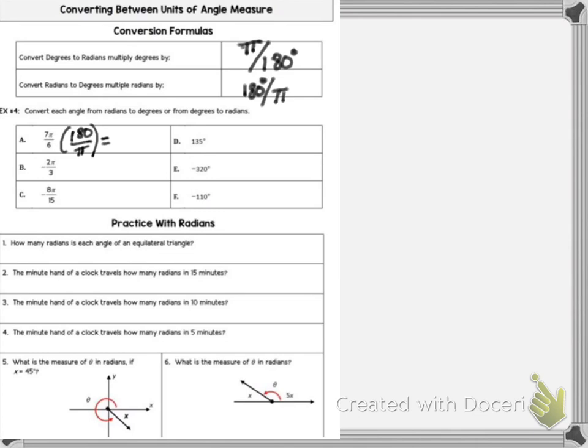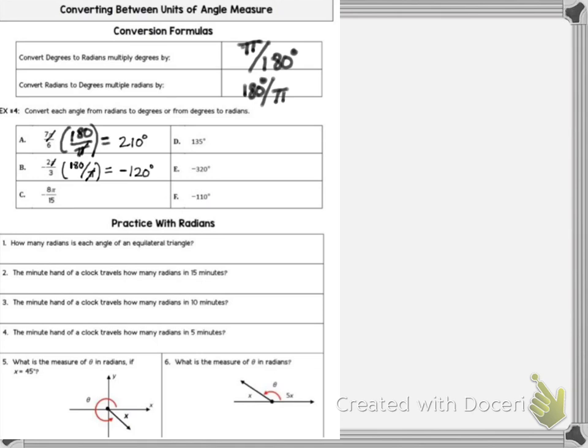The radians cancel out, and I'll have 7 times 180 divided by 6, which gives me 210 degrees. All right, I have negative 2 pi over 3. I multiply this by 180 over pi. The pi's cancel out, so I have 2 times 180 divided by 3. That's 120, but there's a negative sign in front of the radian measure, so there's also a negative sign in front of the degree measure.